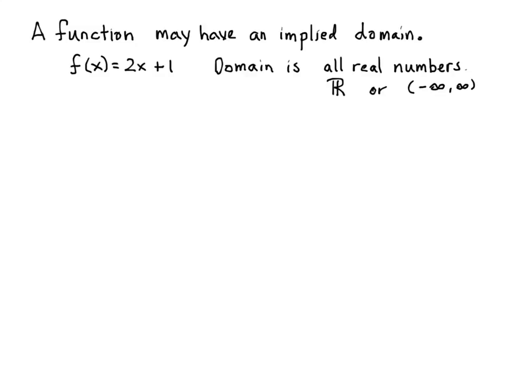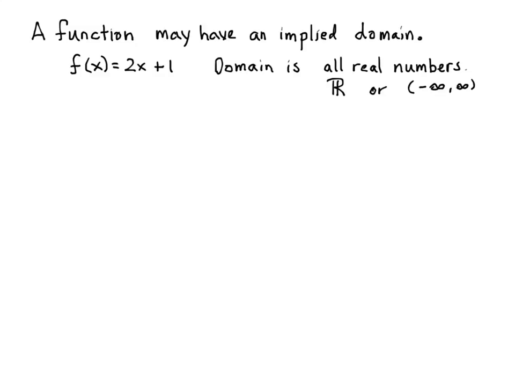I mean, there's no movie theater in the world that I know of that has posted a negative age, because people aren't negative ages, or at least they don't have to pay for movies if they're a negative age. So that's a different case. That's where we say explicitly what the domain is. Implicitly, we're saying what works in the function and what doesn't work in the function.